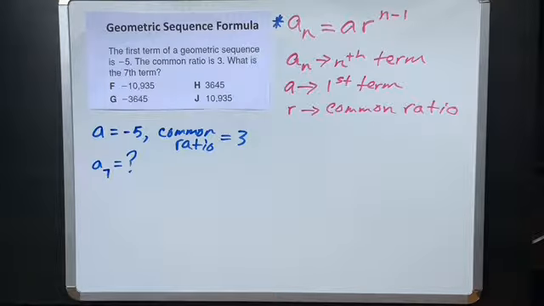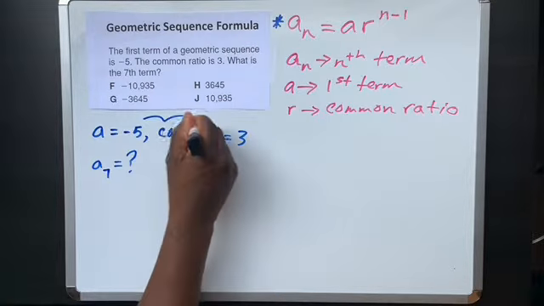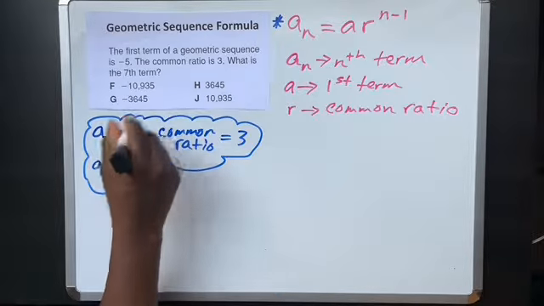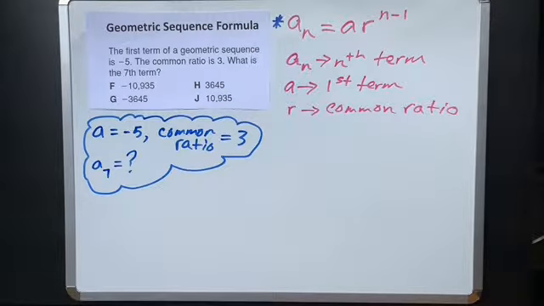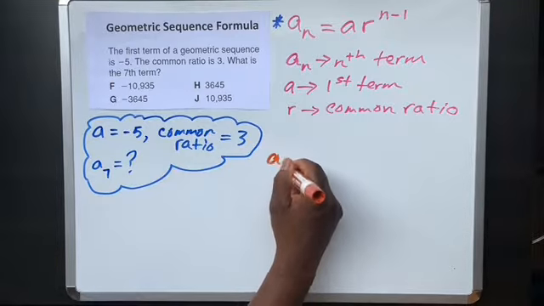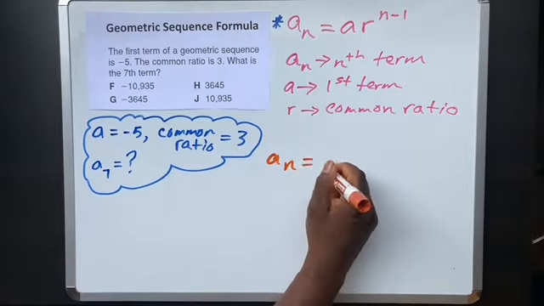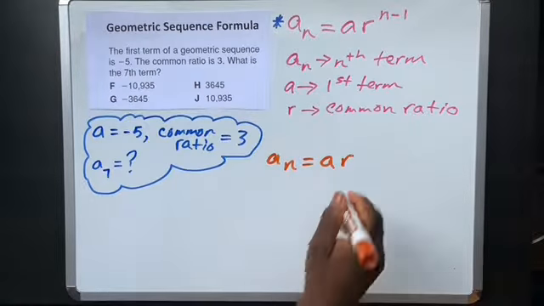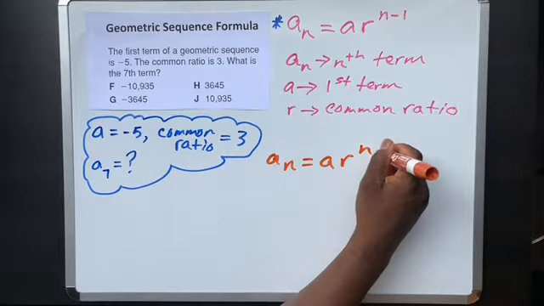So let's go ahead and get started. I'm just going to separate this. This is our key information that we pulled out. Writing the formula again, I have a sub n equals a times r raised to the n minus 1.